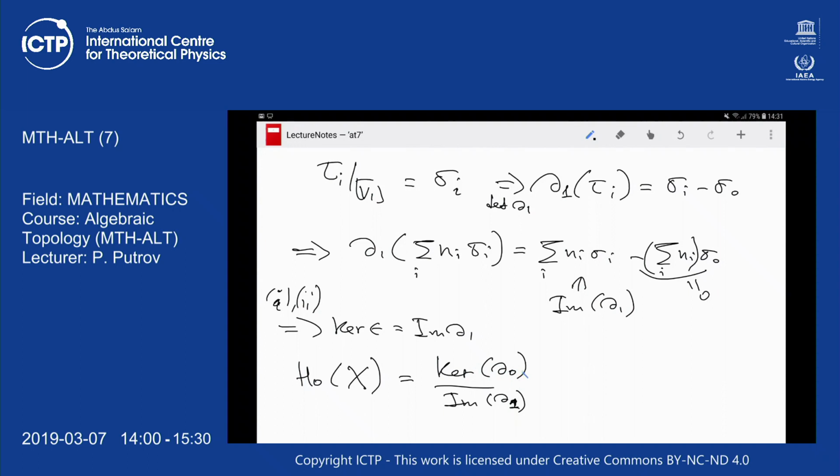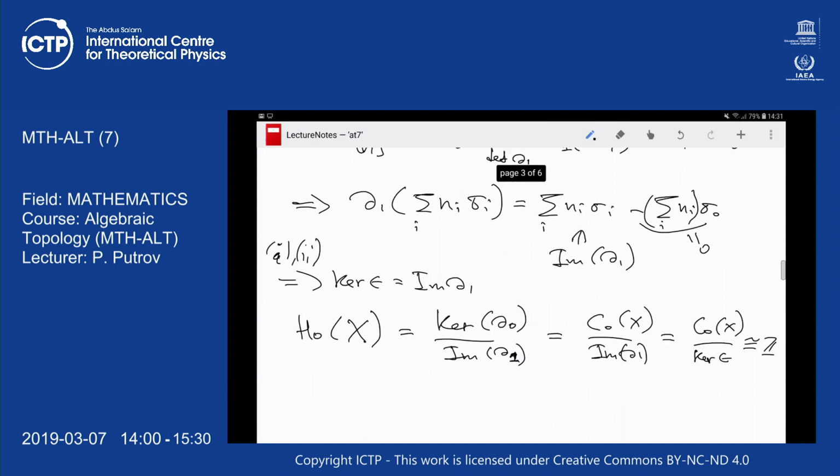But d0 acts trivially on C0 of X, so we can just replace it by the whole space. And then using the statement which we just proved, we can replace the image of d1 by the kernel of epsilon. And then, as we showed in the very beginning of the proof, this is isomorphic to Z. So this ends the proof of the proposition.